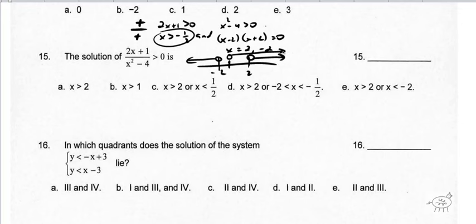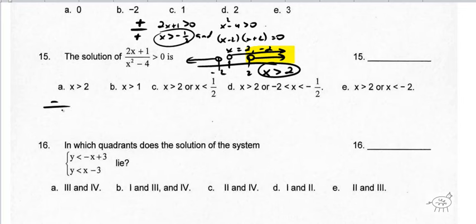So both 2x plus 1 and x squared minus 4, they both have to be greater than 0. And if you look where they're both greater than 0, it's from right here out. Okay, you guys agree with that? So it's a good problem. So basically you're saying x has got to be greater than 2. That's when they're both positive.